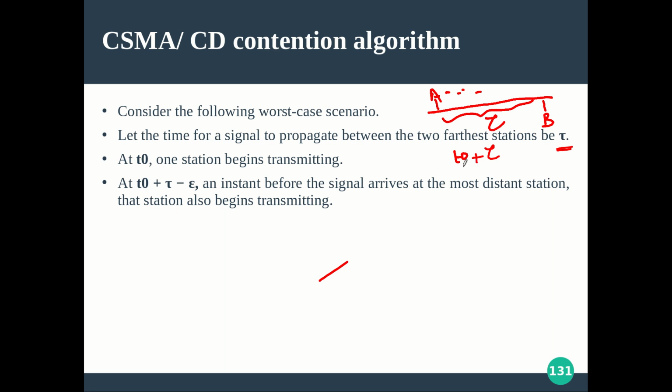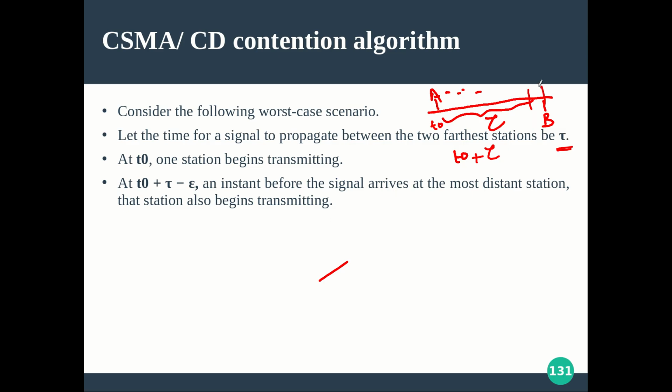So at T0 I started transmitting, and at T0 plus tau the signal is supposed to reach the receiver, that is B. But just before that, we take some small sigma value.